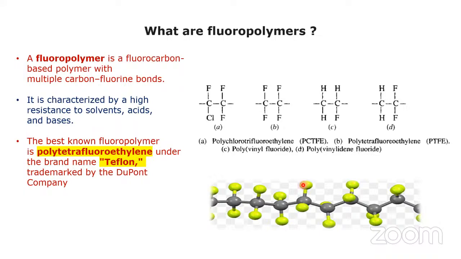If you see the next example, polyvinylidene fluoride, two fluorines are there. These are some common examples of fluoropolymers. In general, we can always explain fluoropolymers with the example of Teflon or PTFE, that is polytetrafluoroethylene.